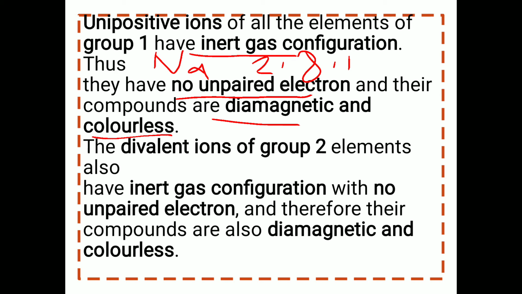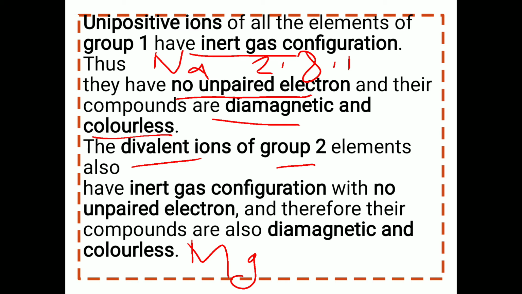Now second is the divalent ions of the group 2 elements. They also have the inert gas configuration with no unpaired electrons, and therefore their compounds are also diamagnetic and colorless. For example, we take magnesium, that is Mg2+.